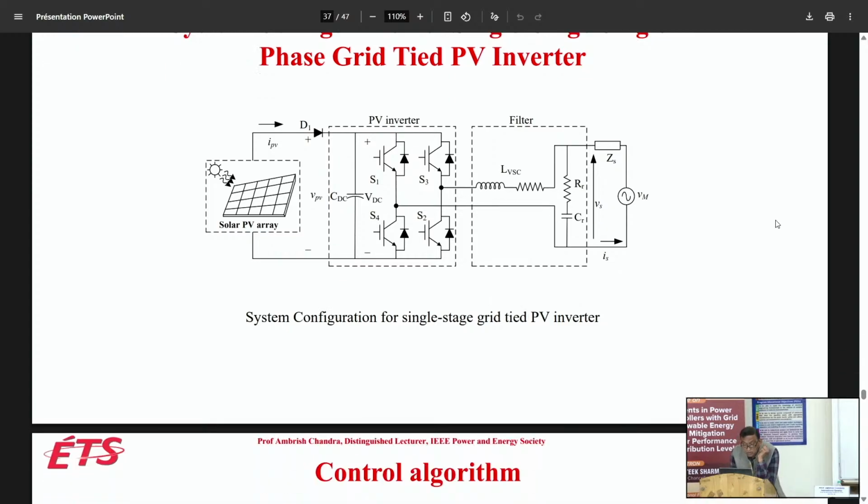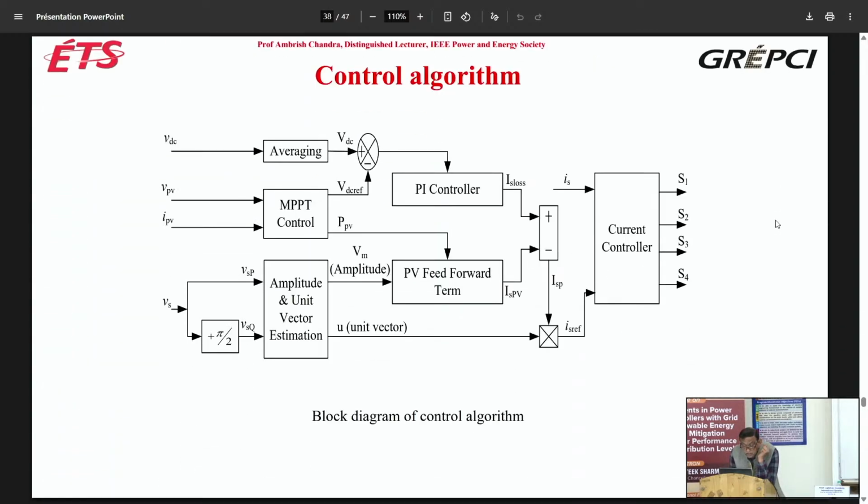So this is the control algorithm. You measure the voltage and current of the PV, MPPT control, any algorithm. Then you have VDC reference, power generated, active power, and here you have VDC measured, averaging, and the VDC reference and PI controller, and you have here the current loss. Here you measure the source voltage.